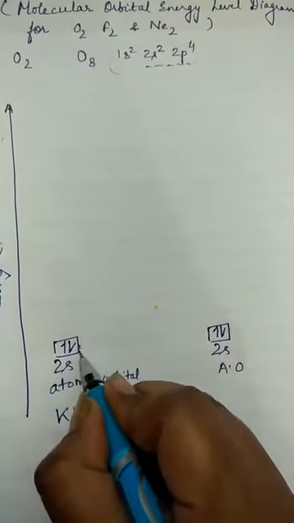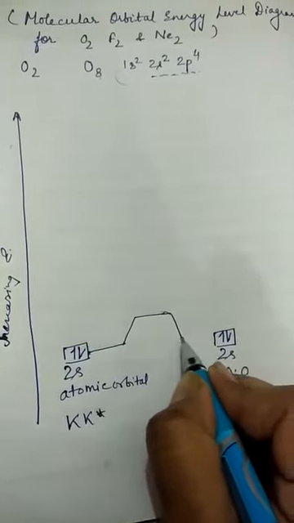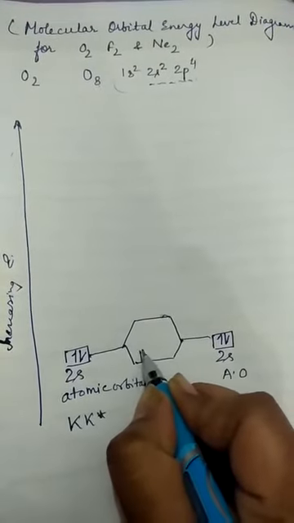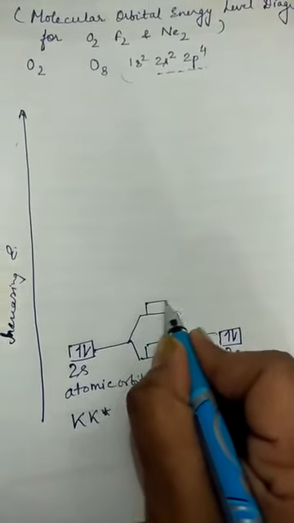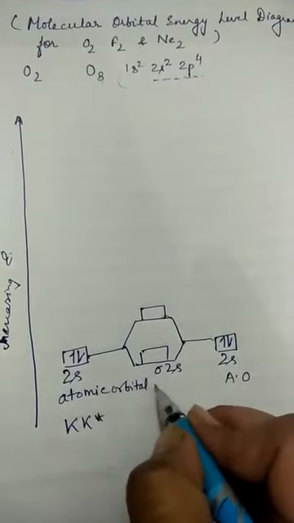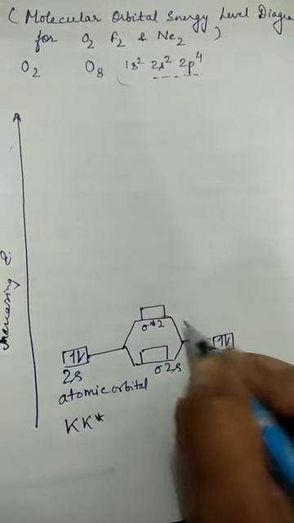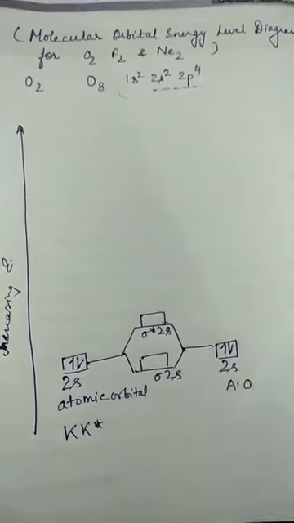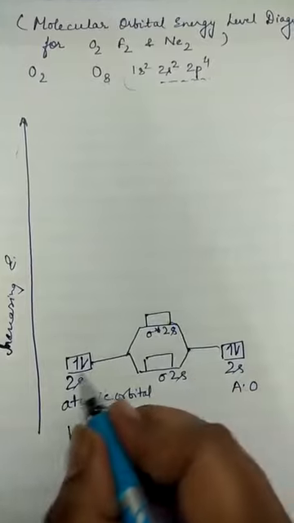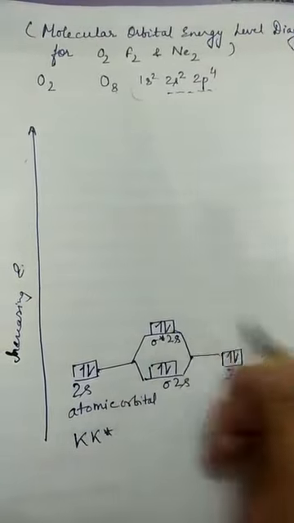Now students, the overlapping will take place, and we will get two new molecular orbitals formed. One is known as sigma 2s, the bonding molecular orbital, and this is the excited one, having higher energy. This is the anti-bonding molecular orbital. So total how many electrons? 4. So it is 1, 2, 3 and 4.